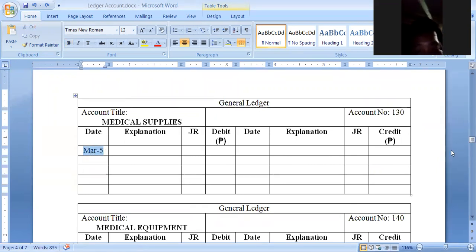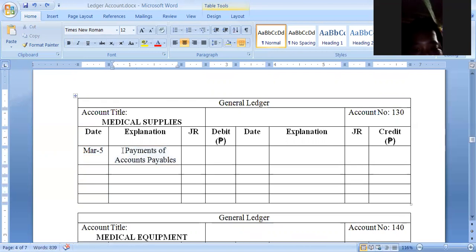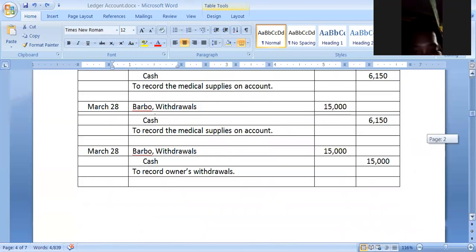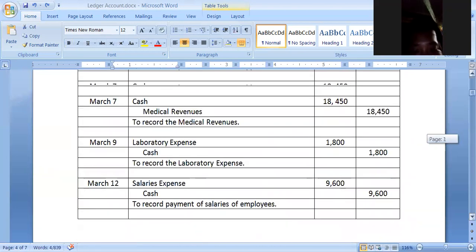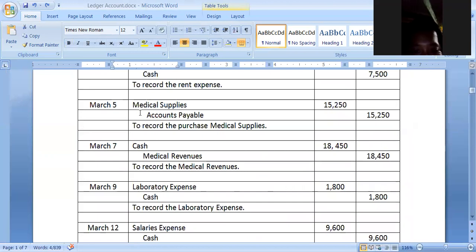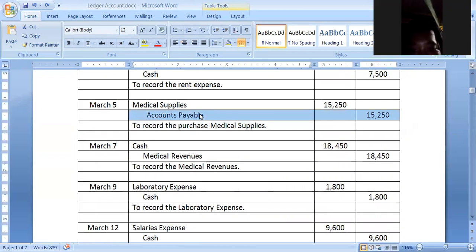Accounts title, medical supplies, account number 130. March 5. Payments of accounts payable. Go back to journal entry. Accounts payable credited 15,250.